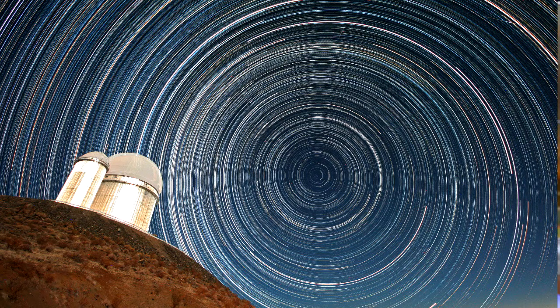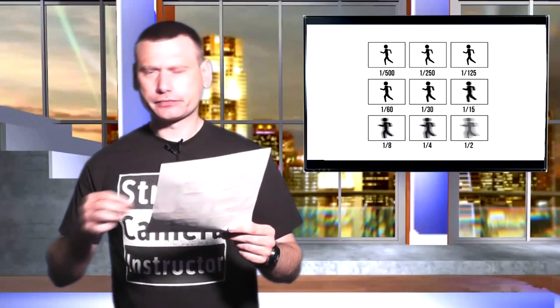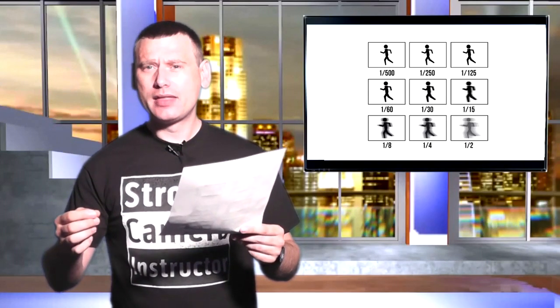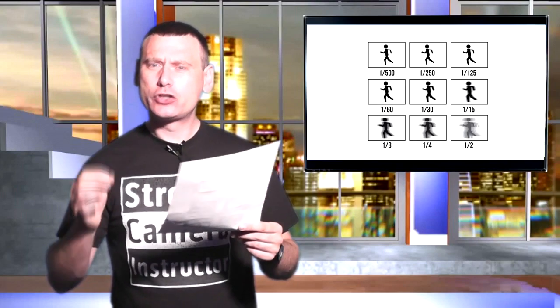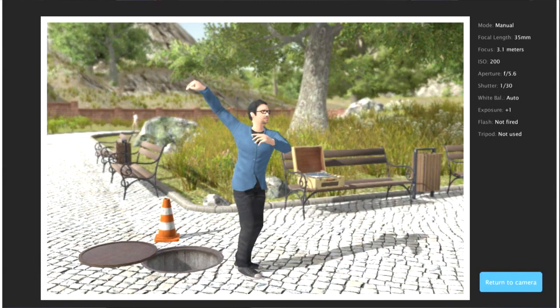Now, if you use long exposure, you can use it to slightly overexpose an image. When you slightly overexpose an image, you give that image a nice, fresh, crisp, clean look and feel.